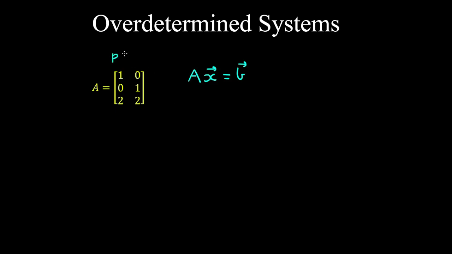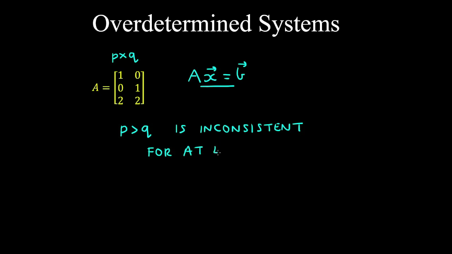So suppose this matrix has p rows and q columns, then if the number of rows is greater than the number of columns, then this linear system is inconsistent for at least one vector b in P space, which is the vector space of P tuples.